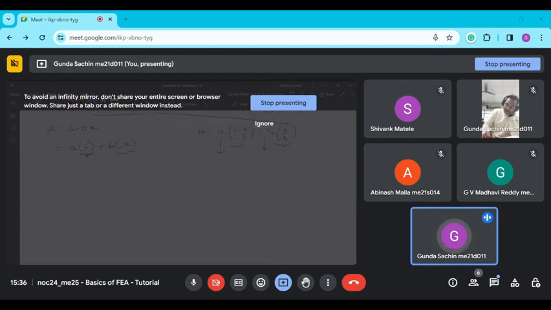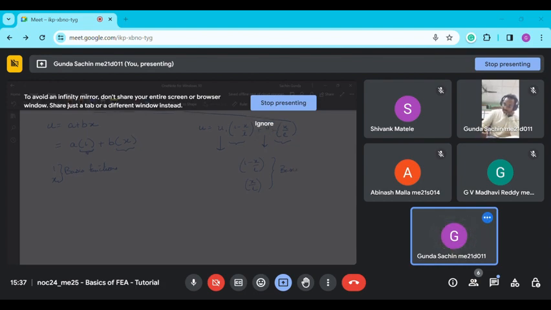If you see the differences, here you can call 1 and x the basis functions, and even here 1 minus x by l and x by l are the same kind of basis functions.